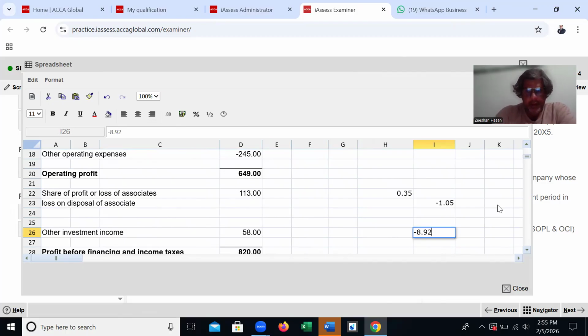Minus 8.92 regarding the disposal, then the 0.27 and 5 related to the exchange losses. So 0.27 and, oh, it was negative, it was losses. Remember, 0.27 and minus 5.